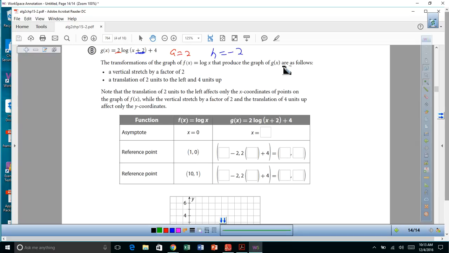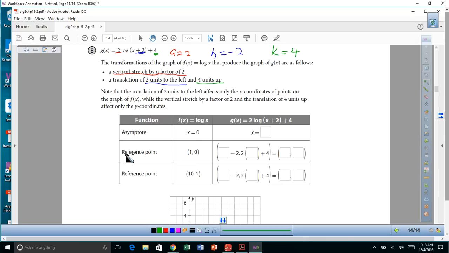And then k equals 4. All right, the transformations of the graph of f of x equals log x that produce the graph of g of x are as follows. A vertical stretch by a factor of 2, and a translation of 2 units left and 4 units up.